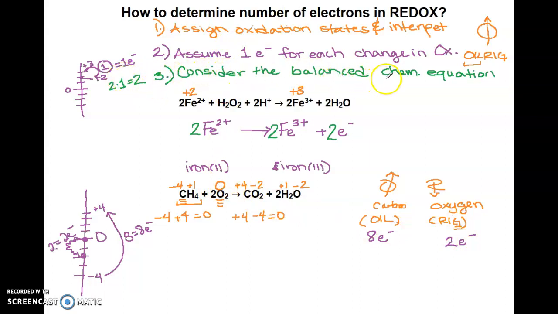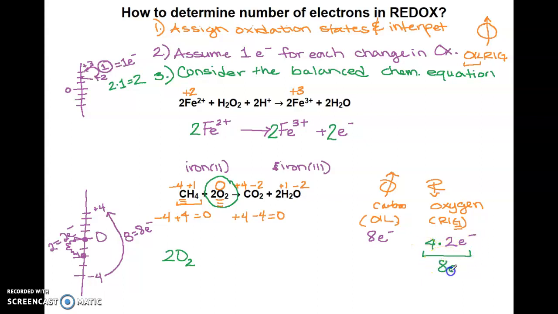Now, however, we have to remember the last step. Consider the balanced chemical equation. Look here at our oxygen. 2O2 here is actually a total of 4 oxygen atoms. So when I consider the balanced chemical equation, I have to consider that each atom of oxygen is going to gain 2 electrons.